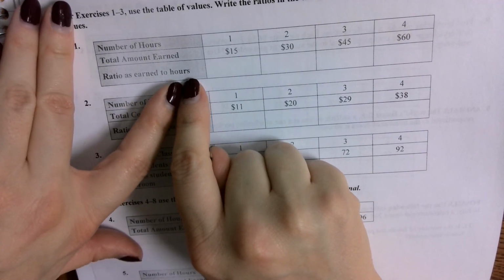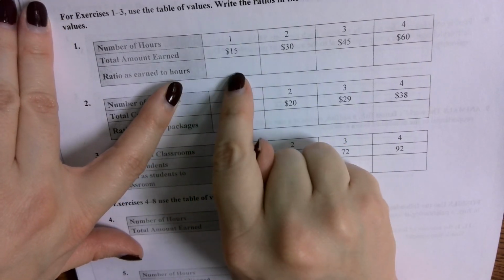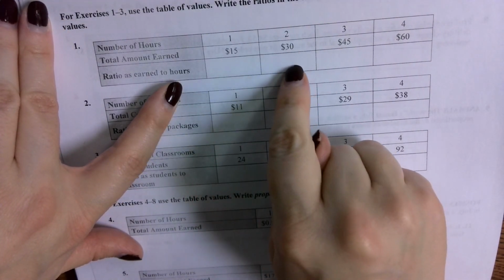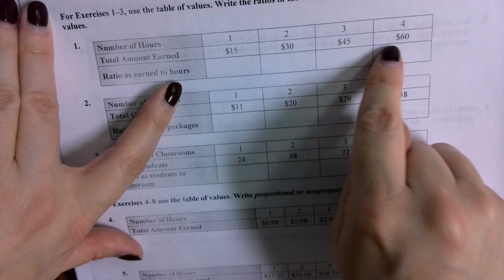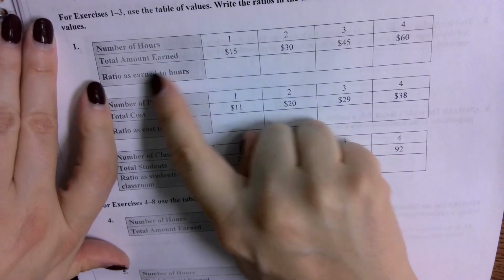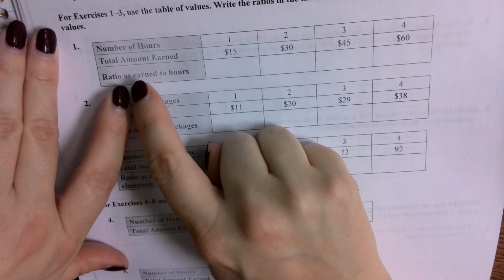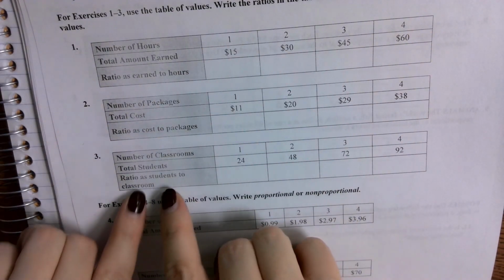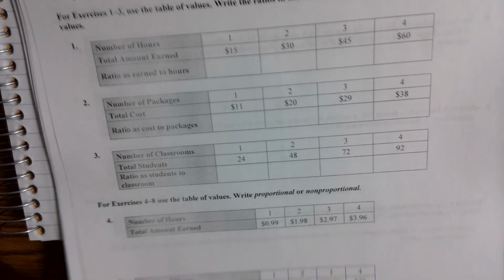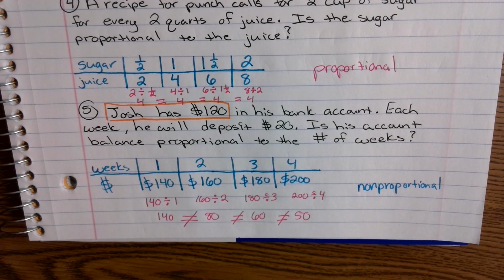So what goes on top? 15 over 1, 30 over 2, 45 over 3, and 60 over 4. So you have to read the problem carefully to see what they want the ratio set up as. Earned over hours, cost over packages, students over classrooms, that sort of thing.